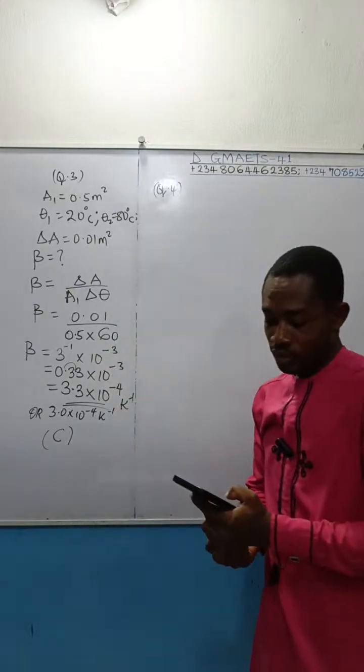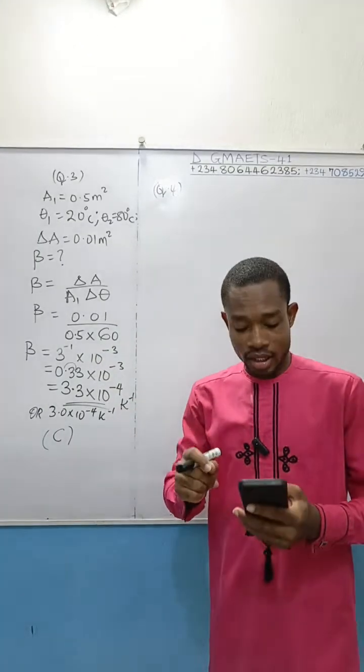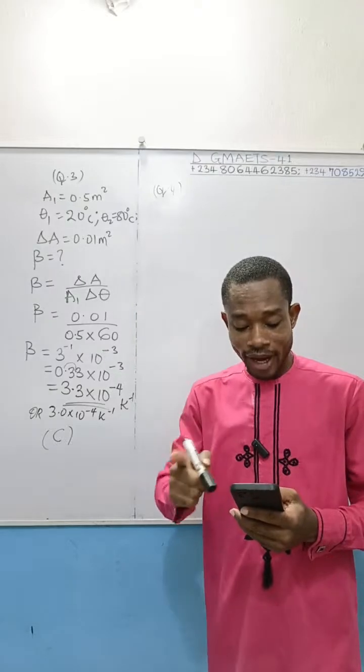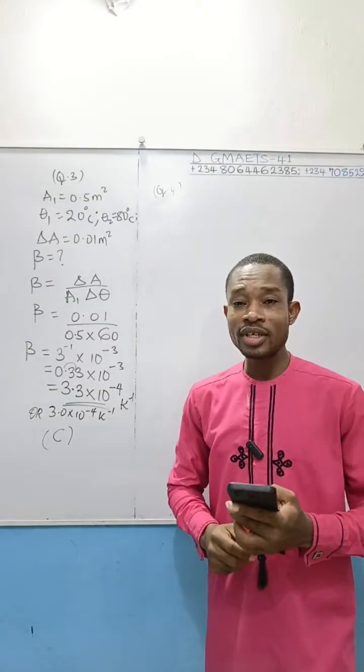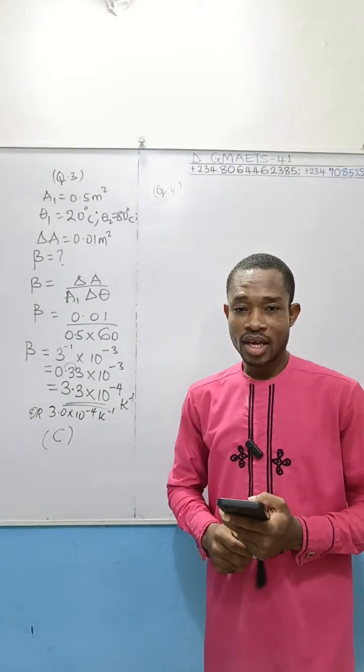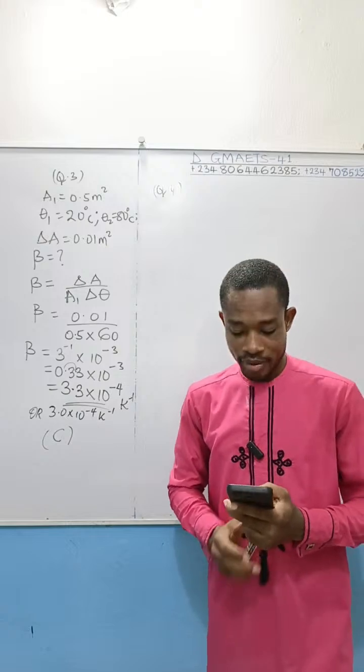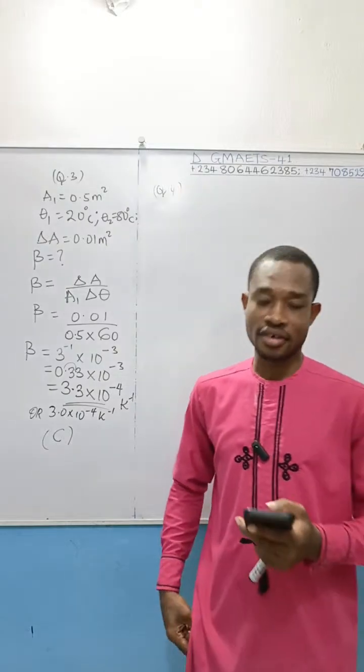All right. A steel plug has a diameter of 5 centimeters at 30 degrees centigrade.